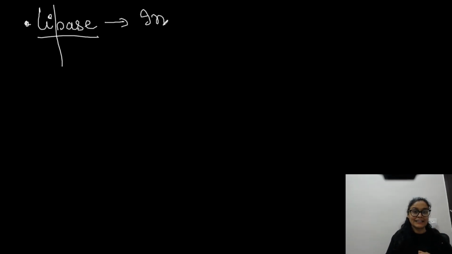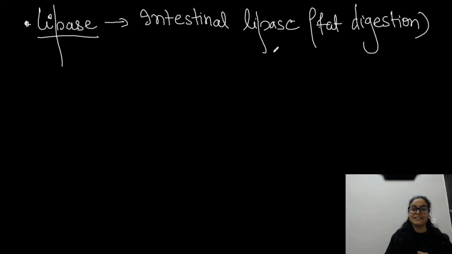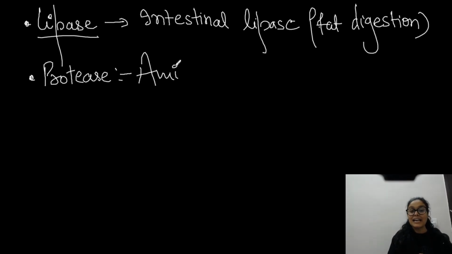Apart from this, lipase is also secreted by the intestine, that is, intestinal lipase for fat digestion. So yes, it has an enzyme for fat digestion too, the intestinal lipase. It also has enzymes for protein digestion, that is aminopeptidase, very important.